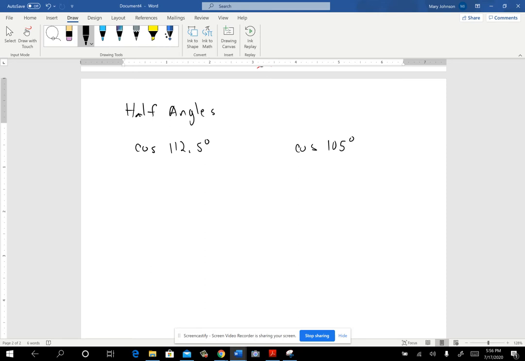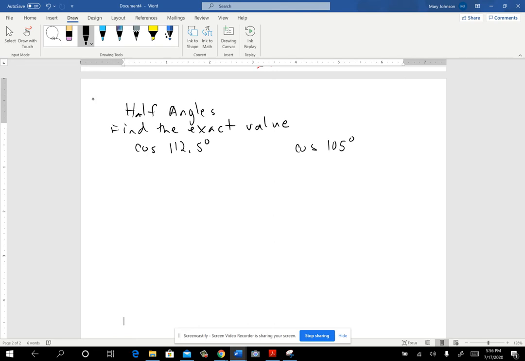And one thing you could do is try to split those up, like earlier, into angles that we could find on our unit circle. They'd be wanting us to find the exact value, so that means no calculator. You could use a unit circle, or you could use special right triangles.